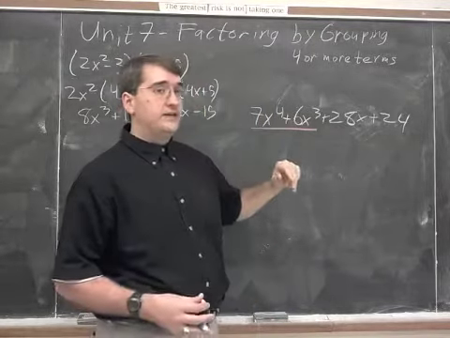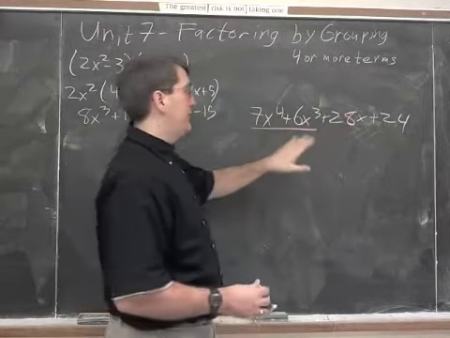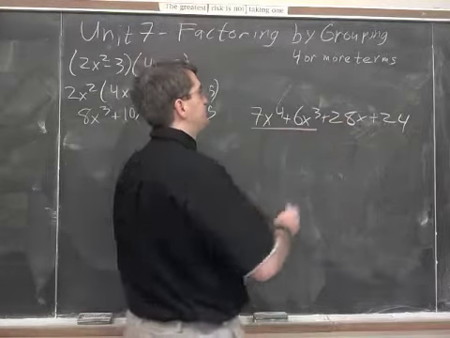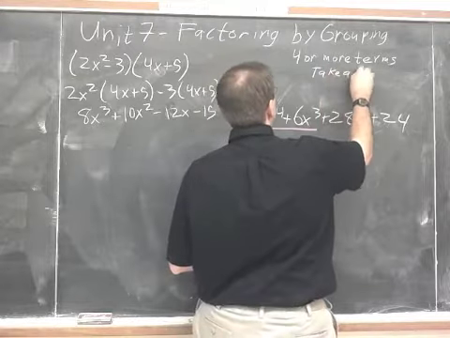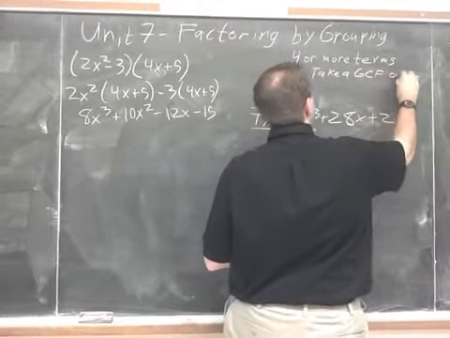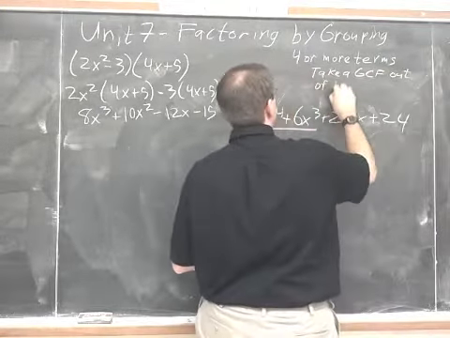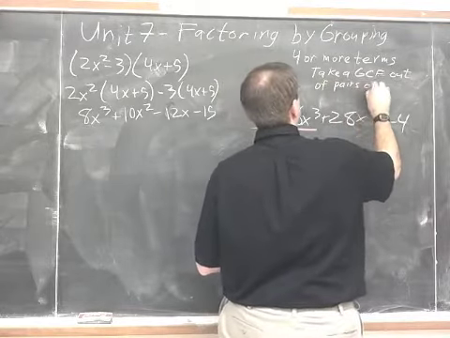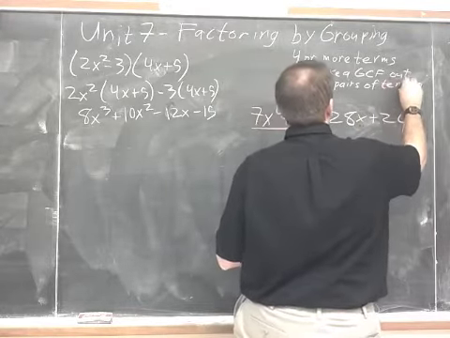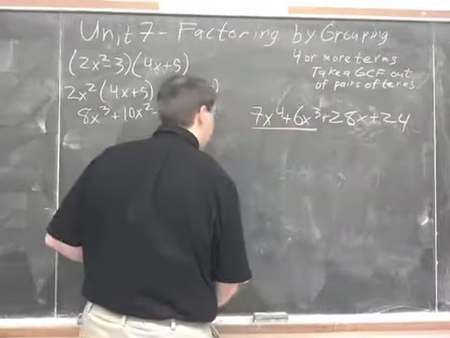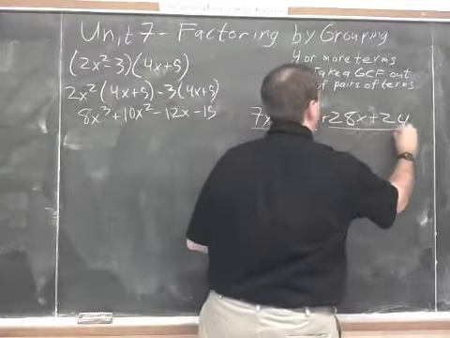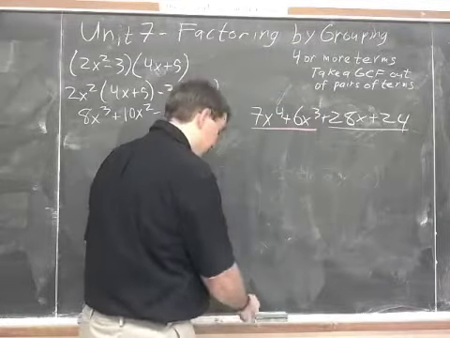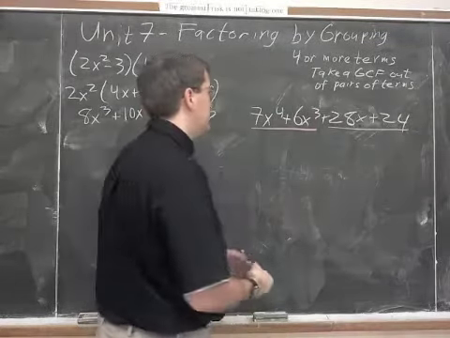Instead of trying to take a GCF out of the whole polynomial, we're going to group pairs of terms and take a GCF out of pairs of terms. That's how this process works. So we pair up the 7x to the 4 plus 6x to the third, and we pair up the 28x plus 24, and we look for a GCF in those individually.